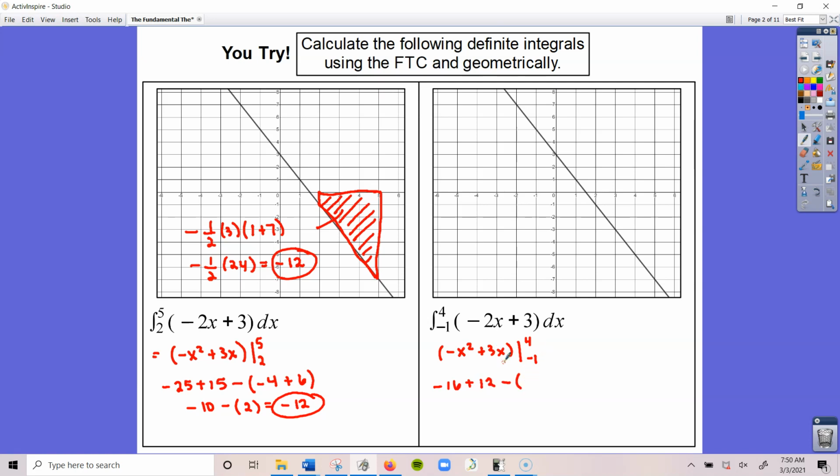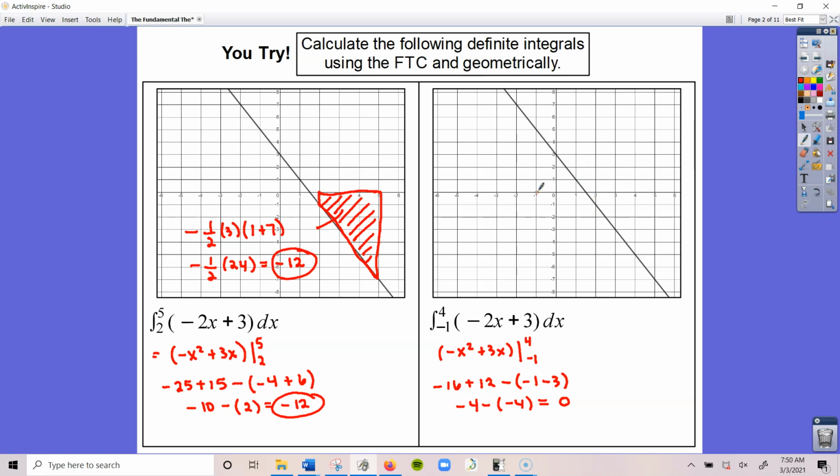Now I plug in the negative 1. Negative 1 squared is positive 1, and then we have that negative, so minus 1, plus 3 times negative 1, which is negative 3. Negative 16 plus 12 is negative 4, minus negative 4, which gives us negative 4 plus 4, so we get an area of 0. And this is why that happened.